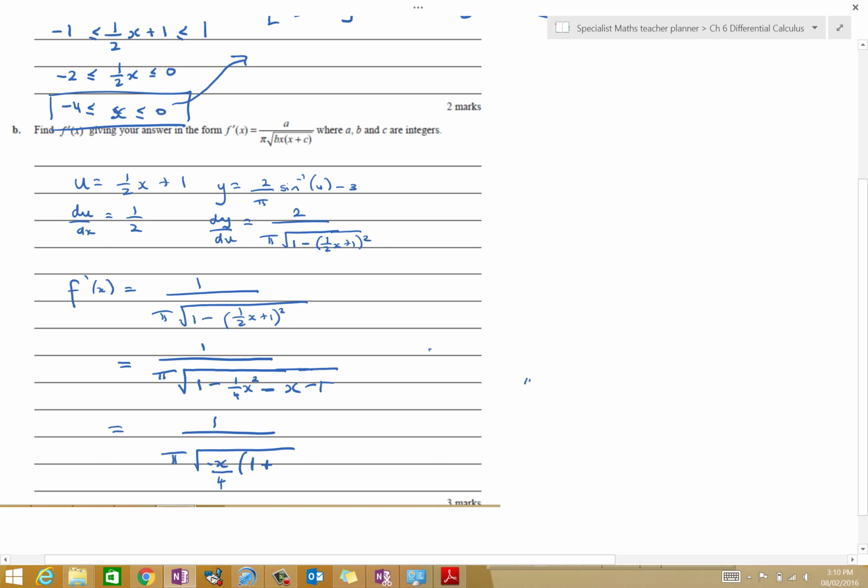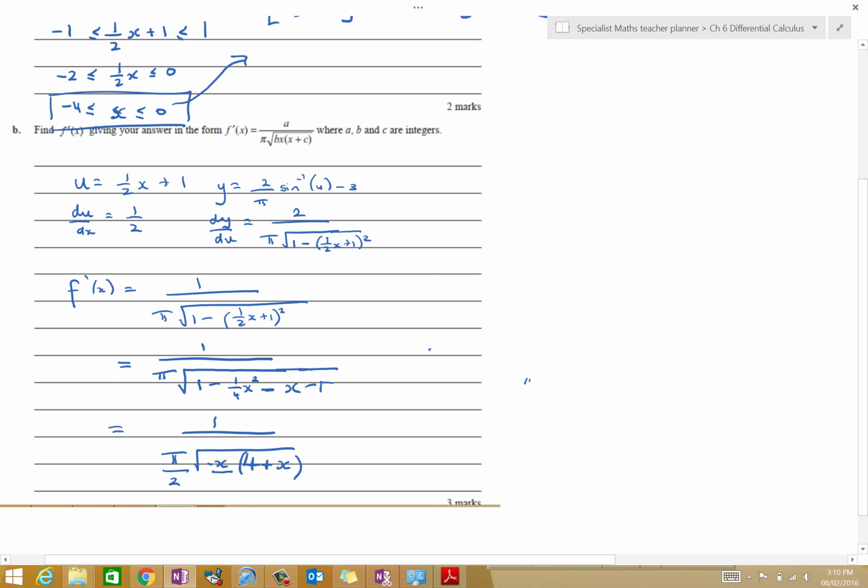So that is 4 plus x. Good. And the square root, that means that I can take that 4 out the front. That's a fraction. So what I can essentially do is that's going to be over 2.